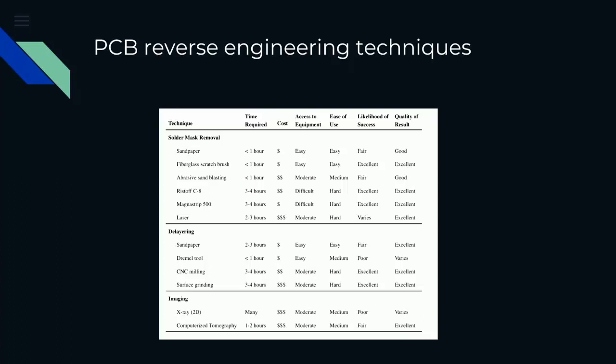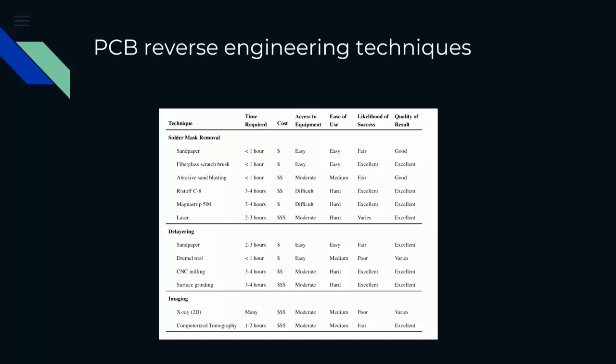At DEF CON in 2014, Joe Grant made a comparison of ways to perform PCB reverse engineering. Some of them do destroy the board itself, such as sandpaper. Basically, you use sandpaper to remove the layers of the PCB and check out what's inside.